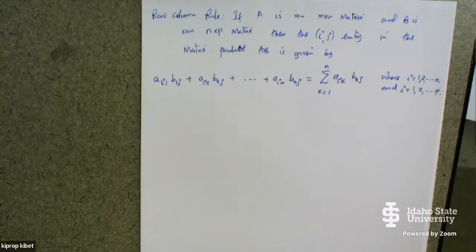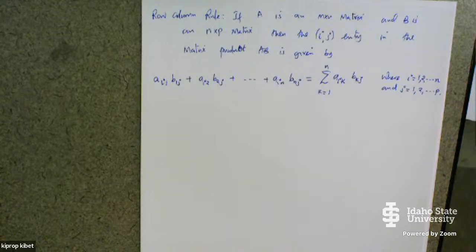You multiply the first entry, let's say 1, 1: you take the first entry in the row and the first entry in the column, plus the second entry, and so on.